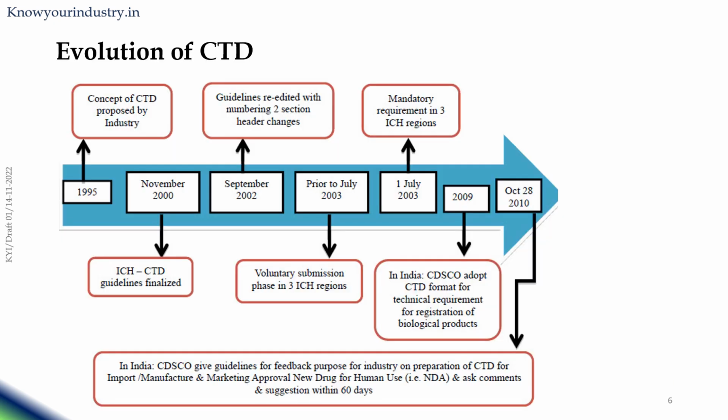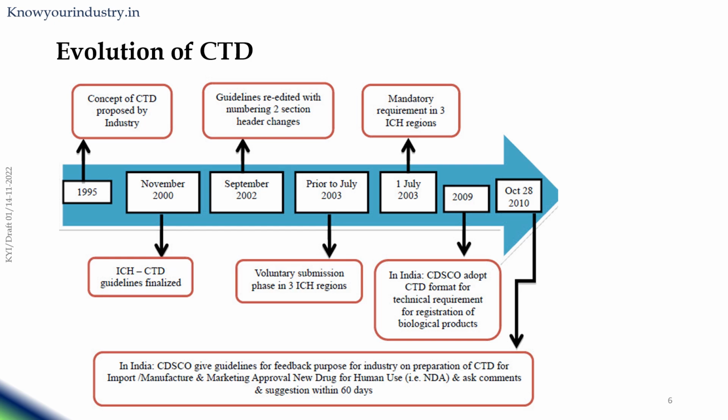Let's see evolution of CTD. Efforts over the past 15 to 20 years of ICH on technical requirements for registration of pharmaceuticals for human use have resulted in a unified dossier for drug applications. CTD was officially signed off in November 2000 at the 10th anniversary of ICH in San Diego, California.